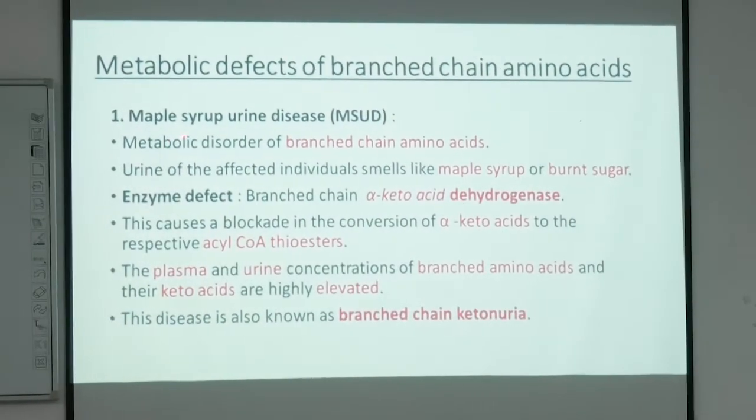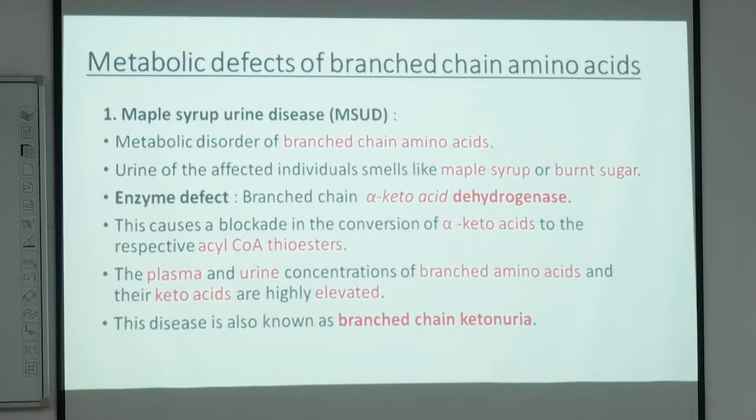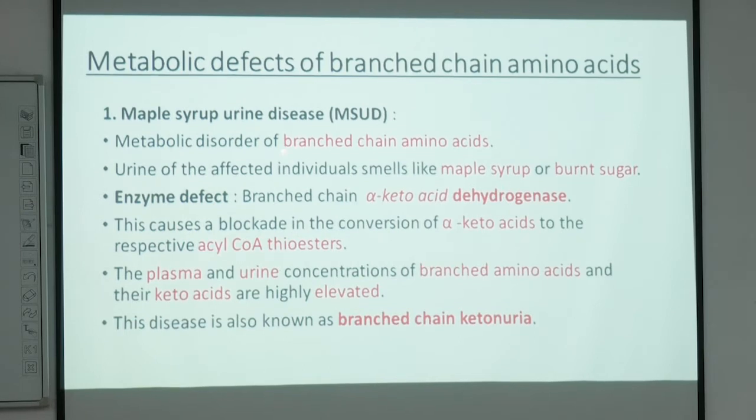So this is one of the most important diseases, maple syrup urine disease. This is a disorder of branch chain amino acids, and the affected individual's urine smells like burnt sugar or maple syrup. The enzyme defect is alpha ketoacid dehydrogenase.